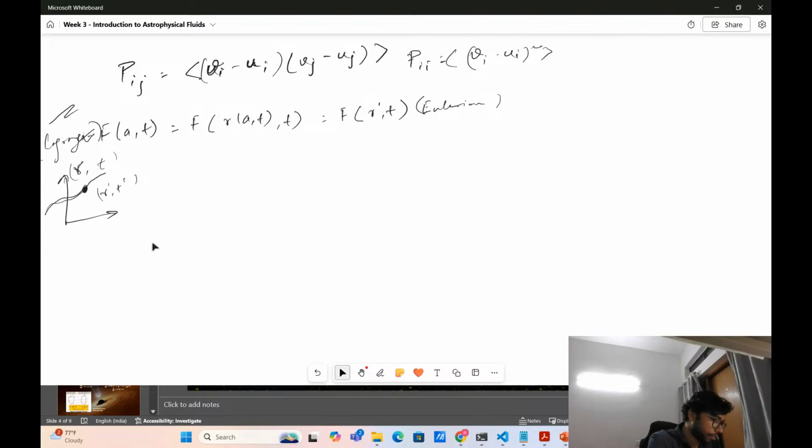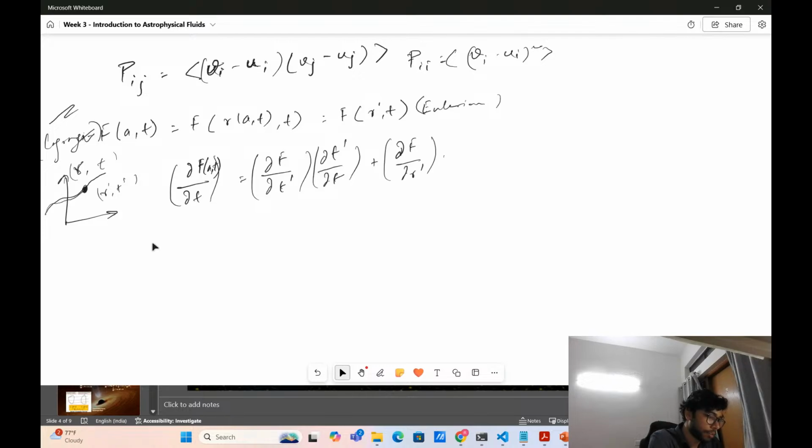Now, if we do del f del t of the Lagrangian approach, we get del f del t prime del t plus del f del r prime times del r del t, right?